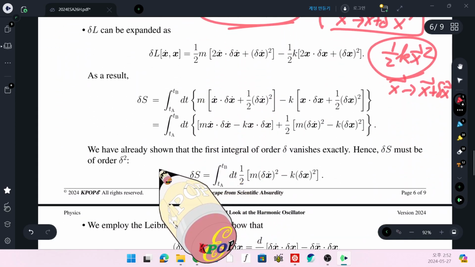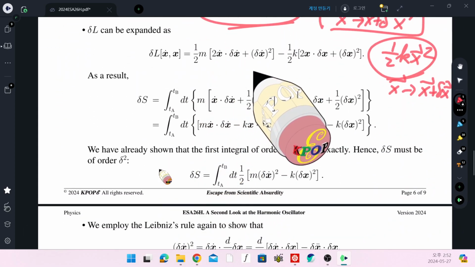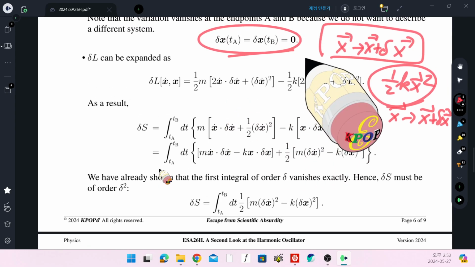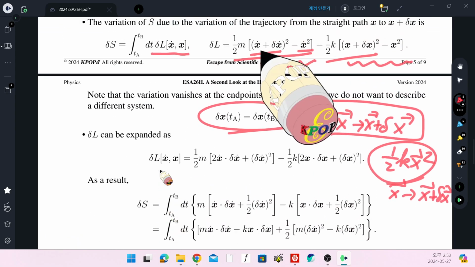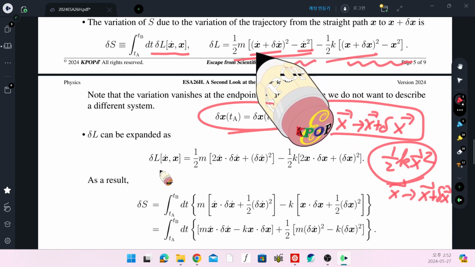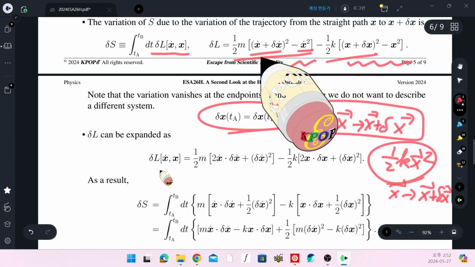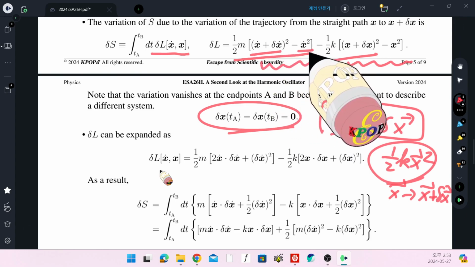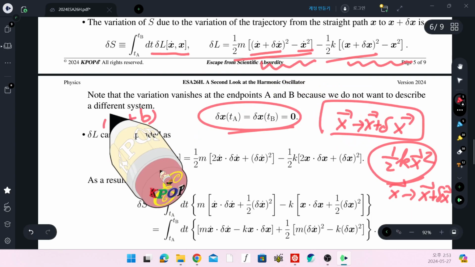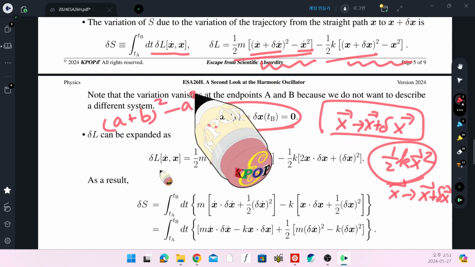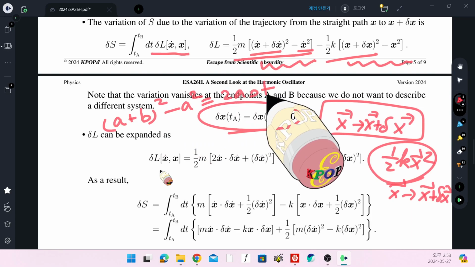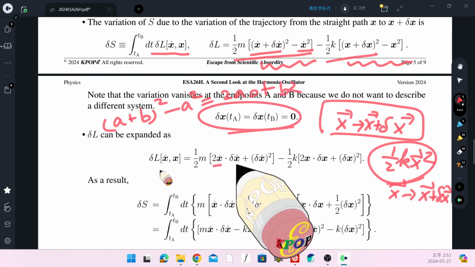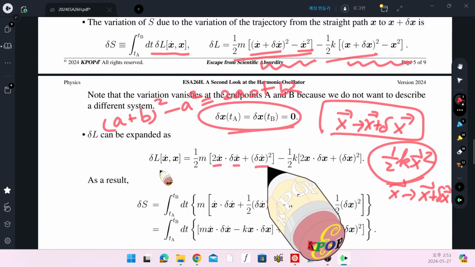Therefore, we arrive at the point where we have canceled the leading contribution x dot squared, and then the expansion of the a plus b style: 2ab plus b squared.